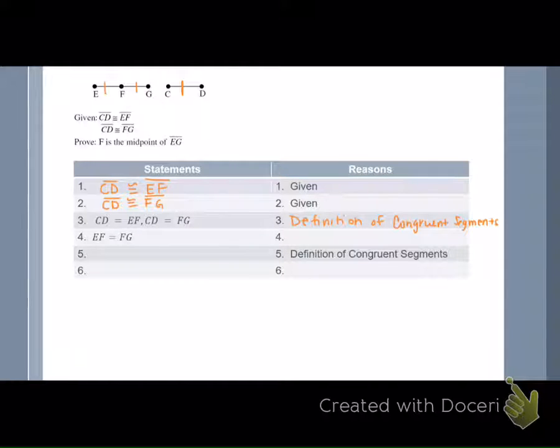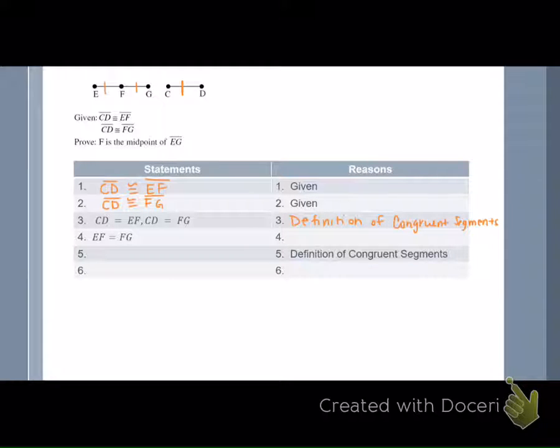All right, so why can we say that EF is the same thing as FG? I'd accept two reasons here. What are they both equal to?